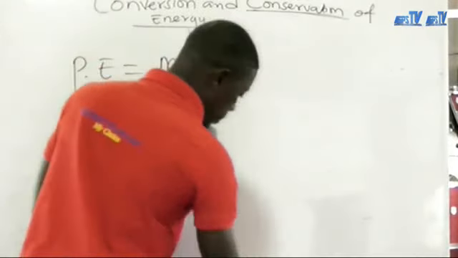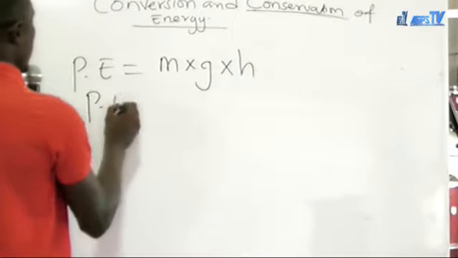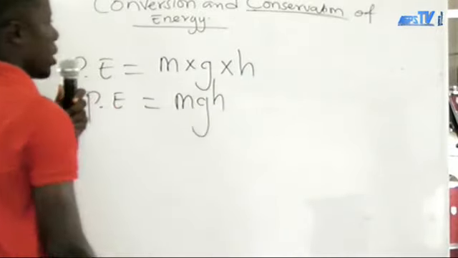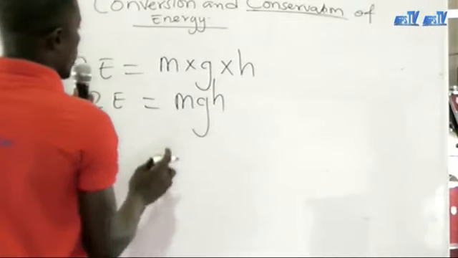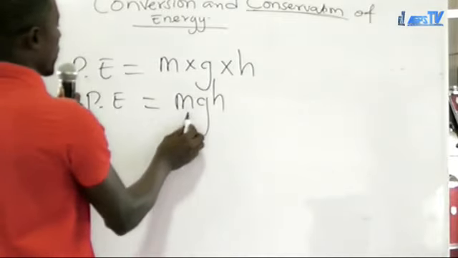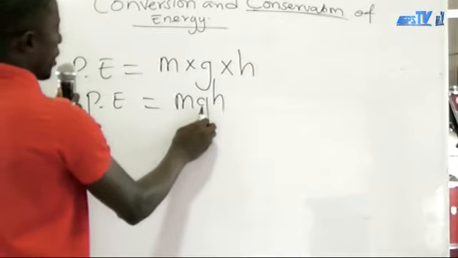Now, if you are told to find the mass, here we have PE is equal to mgh. So this one is simple change of subject. Here, this M is multiplied by G and h. We have m times G times h.